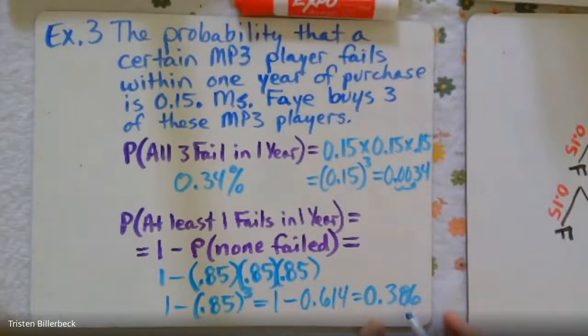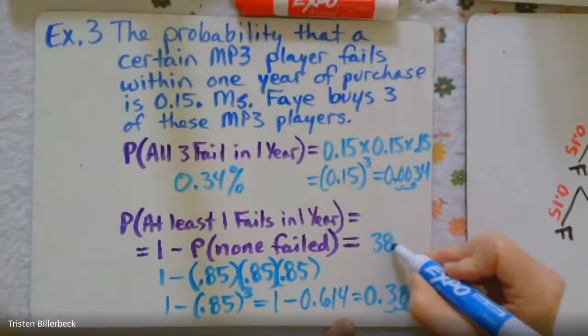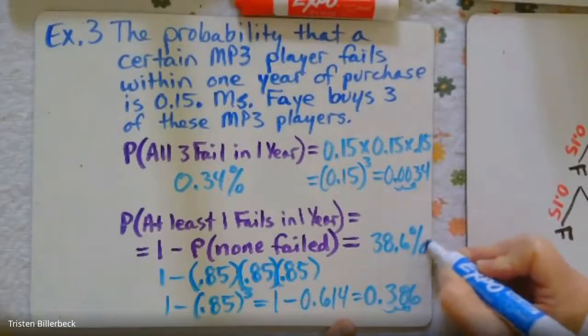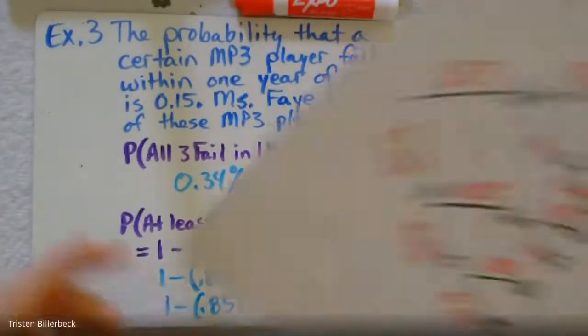All right, so if we look at this and we move it over 2 spots like that, that means it's 38.6% likely that at least one will fail in 1 year. So that's pretty interesting. All right, so that's how you would figure that out.